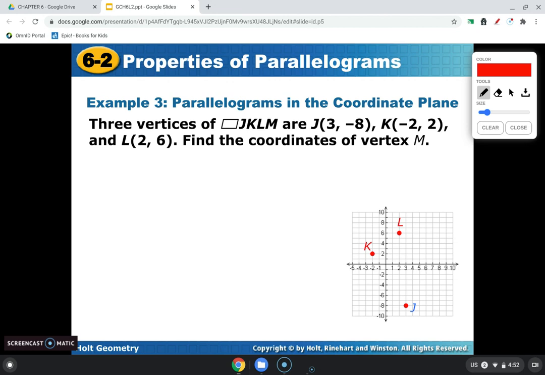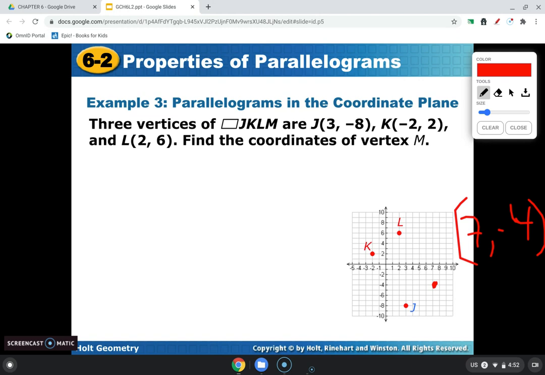To get from K to L, you go up 4 and over 4. So from J, we would go up 4 and over 4. So right there would be JKLM at 7, negative 4. So figure out your slope and go from there.